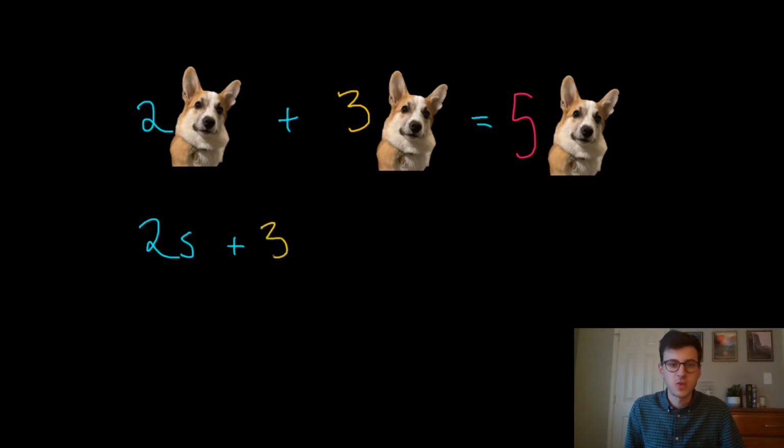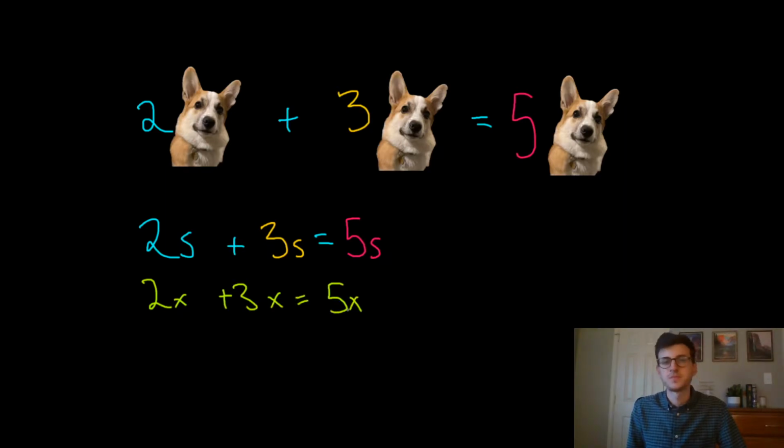And I had 3 more Sunnies. Well, that would be, again, 5 Sunnies, right? 2S plus 3S is 5S. And maybe even more if we want to go more algebra, that would be like 2x plus 3x equals 5x.